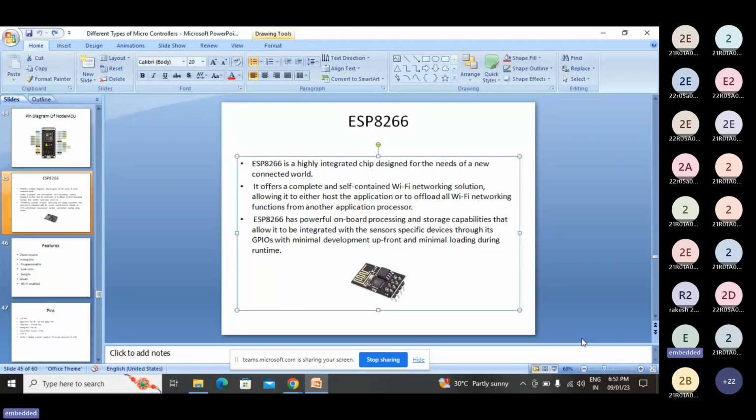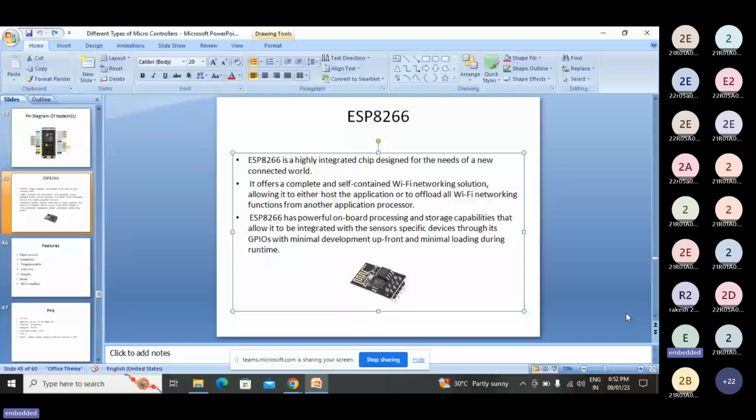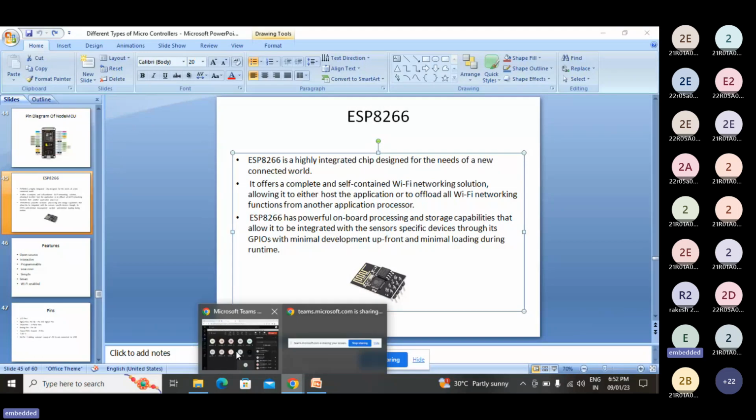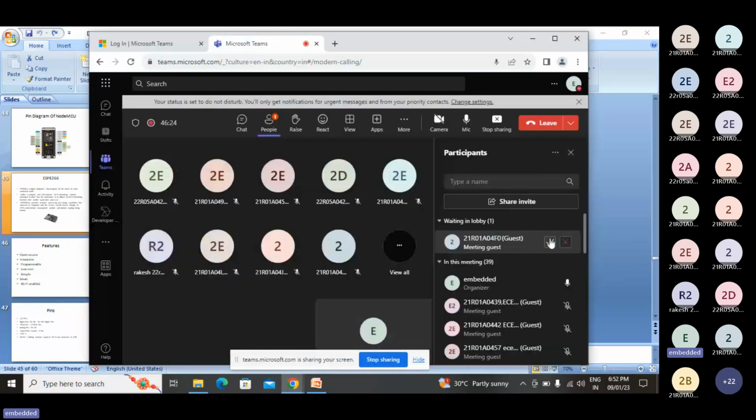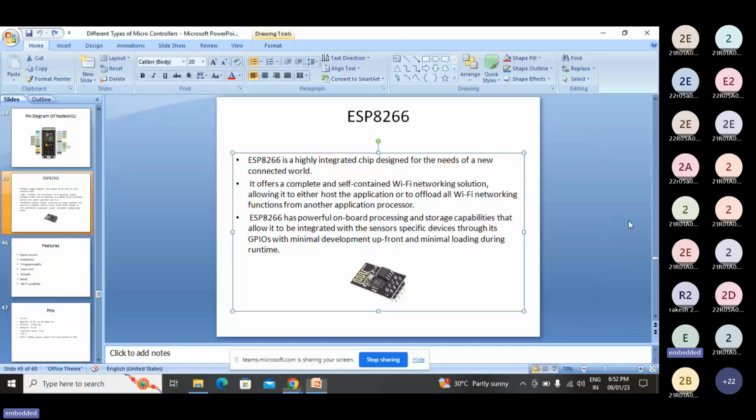ESP8266 is a highly integrated chip designed for the needs of a new connected world. It offers a complete and self-contained Wi-Fi networking solution, allowing it to either host the application or to offload all Wi-Fi networking functions from another application processor.